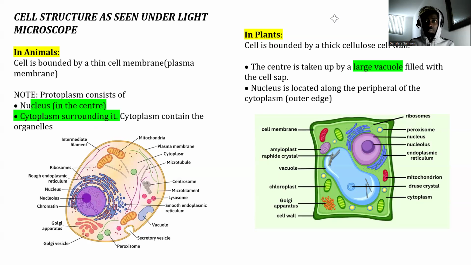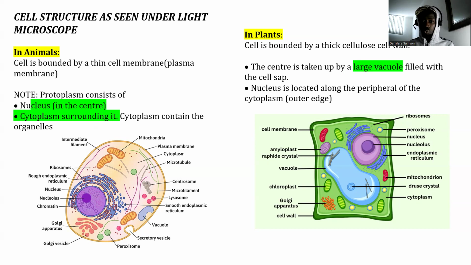And coming to plants, how does it look in plants? In plants, the cell is bounded by a thick cellulose cell wall. Now that's the difference. Animal cell has a cell membrane covering it, bounding it. Plant cell has a cellulose cell wall all around it. Now the center is taken up by a large vacuole.